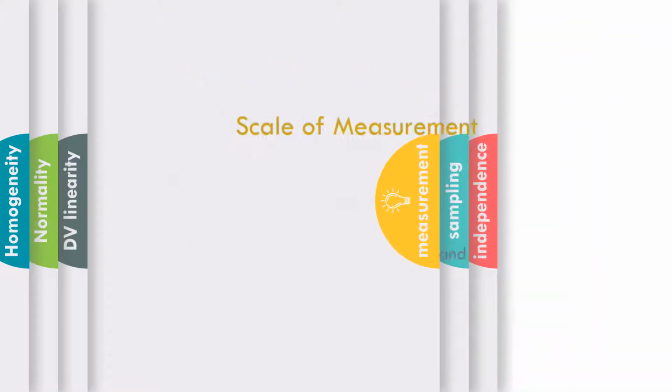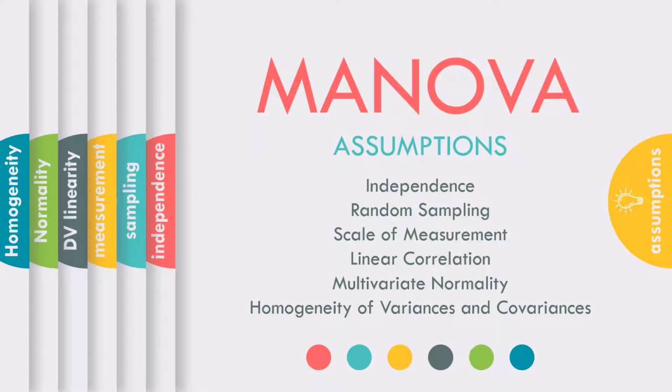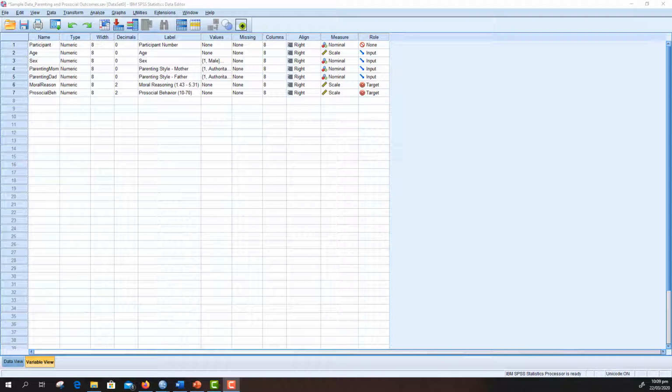The next three assumptions can be tested using SPSS or other statistical software once data has been collected. Before we proceed with the remaining 3 assumptions, we need to make sure first that data is encoded properly.